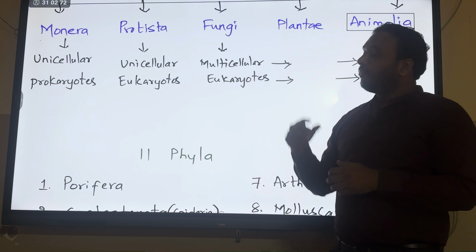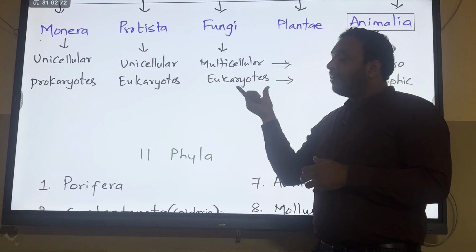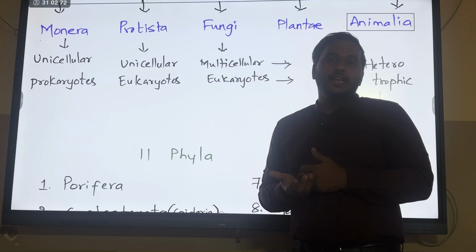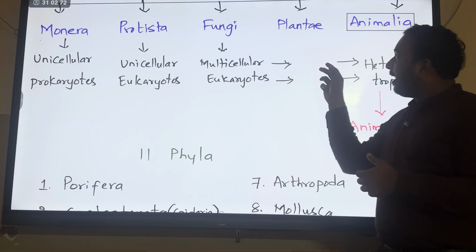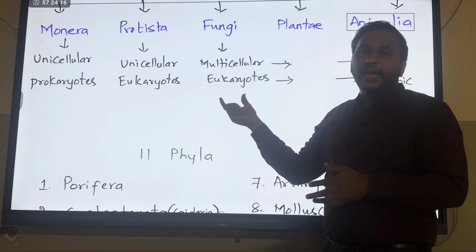Okay. Next comes fungi kingdom. The fungi kingdom is multicellular and consists of eukaryotes. Multicellular means many cells, more than 1 or 2 cells will be present in the organism. Next one, plantae kingdom. Plantae kingdom is also multicellular eukaryotic.